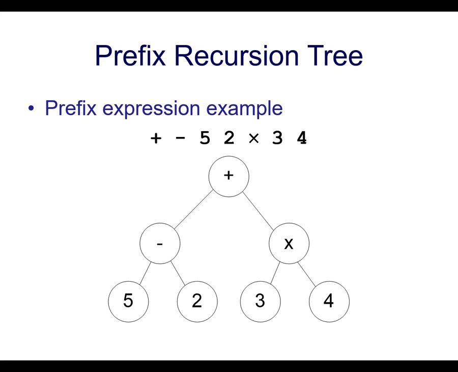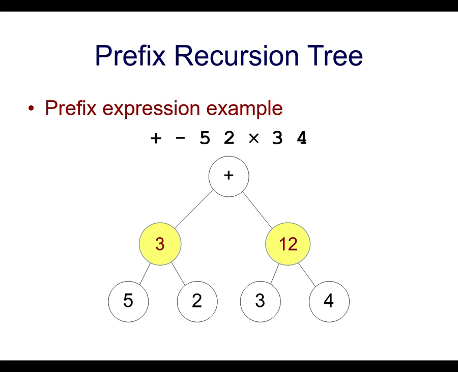Let's see how this evaluation will be performed. All the leaf nodes contain operands, so they are base cases. So the leftmost one containing 5 just returns 5, and its sibling returns 2. The activation that reads in the minus subtracts them and returns 3.